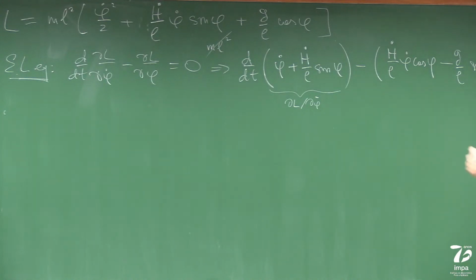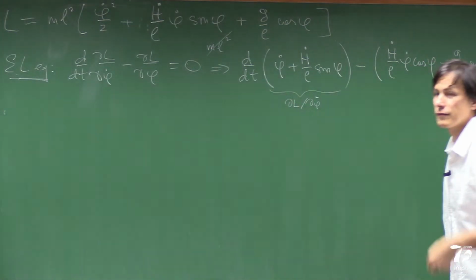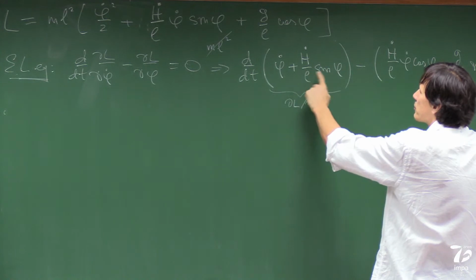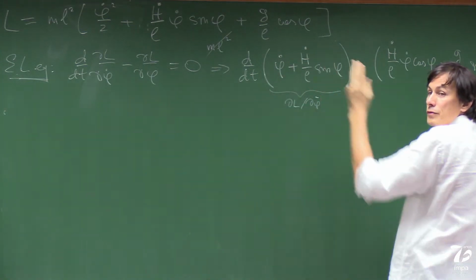And then we need to differentiate this expression with respect to time, which is a derivative along the trajectory. So you have to differentiate all the functions which depend on time. This depends on time, h depends on time, and psi depends on time. So it will be three terms.